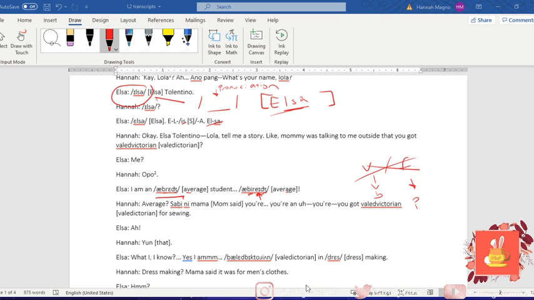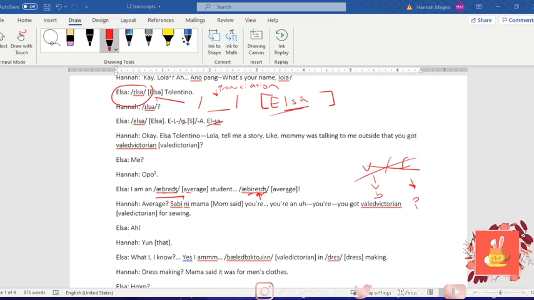Let me see. With the IPA, I'm going to share with you the grading scheme for our activity. Let me see if I can find it. Where is it? Here. The Dream Team Challenge Correction.